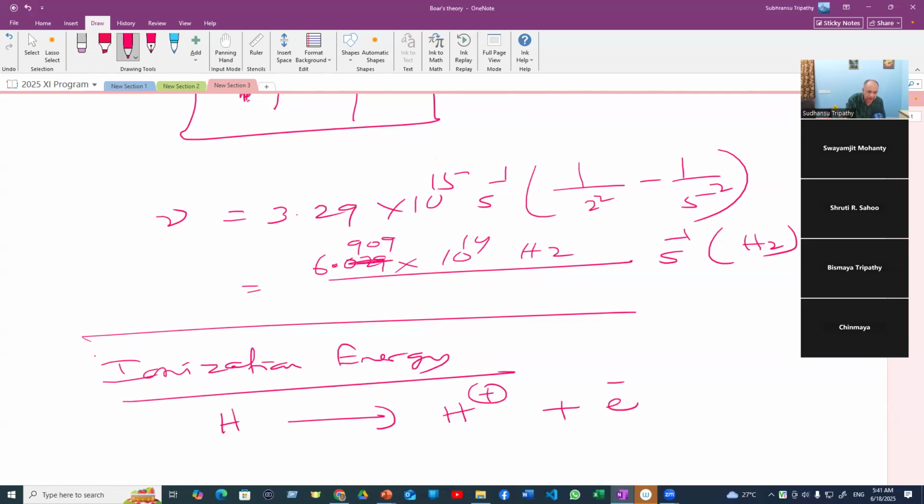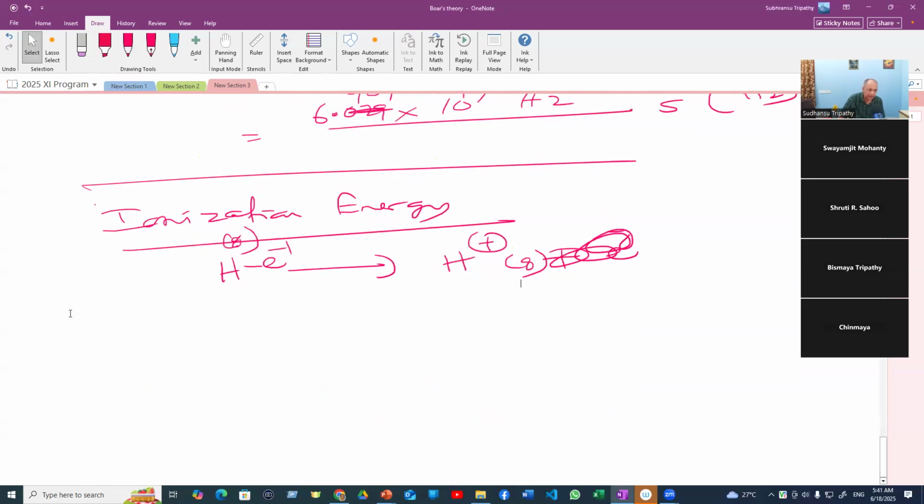You can either write minus E here or plus E here. So all in the gaseous state. That is the definition.